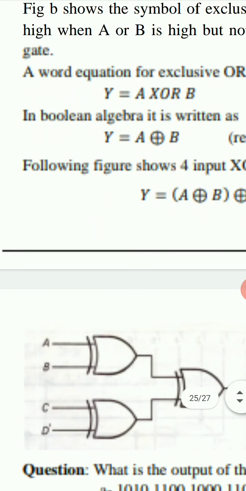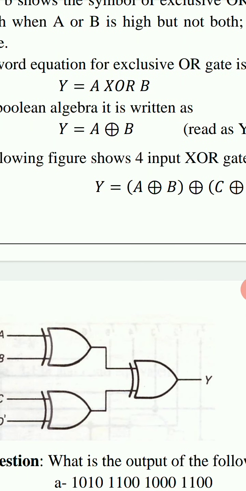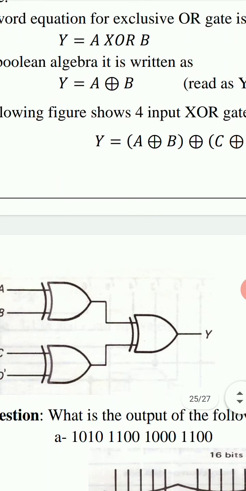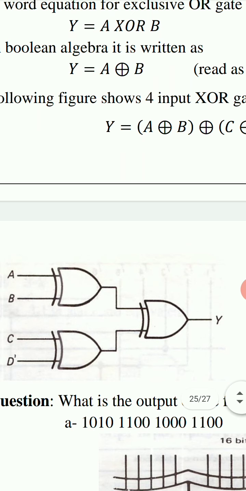A word equation for exclusive OR gate is, the output of exclusive OR gate we will write like this, Y equal to A XOR B. XOR is for exclusive OR operation, and its symbol is shown in this figure. Y equal to A plus B, and there is circle around plus sign.